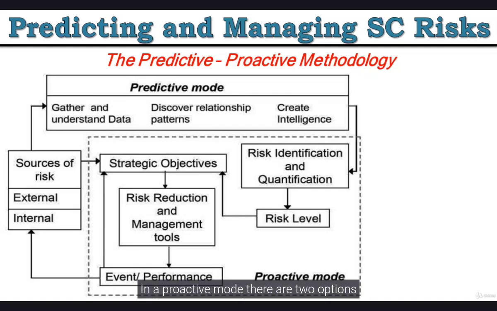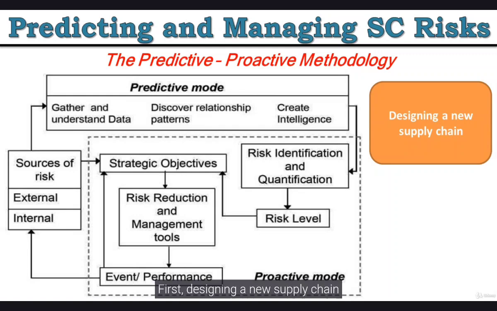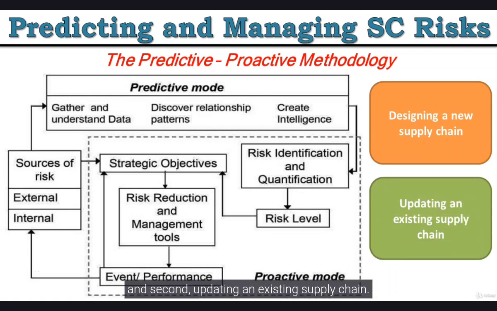In a proactive mode, there are two options for working with a supply chain. First, designing a new supply chain, and second, updating an existing supply chain. When designing a new supply chain or updating an existing one, the proactive mode will benefit in managing risks associated with the new situation.